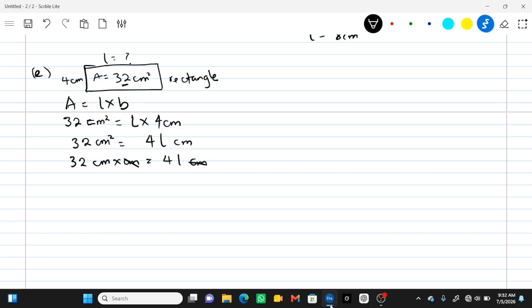Centimeter can take care of 1 centimeter here. Now I have 32 centimeter divided by 4 giving me L. So this 4 comes under, it comes by division. So L is equal to 8 centimeters.